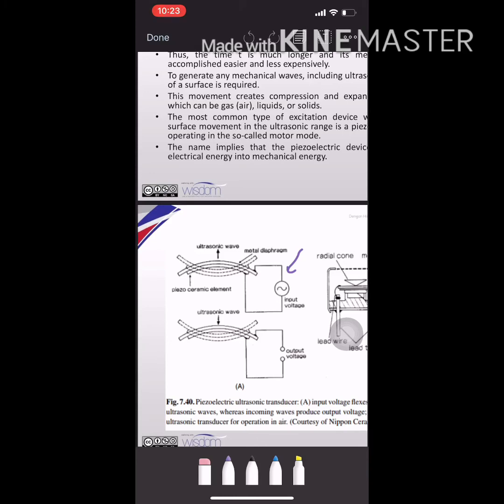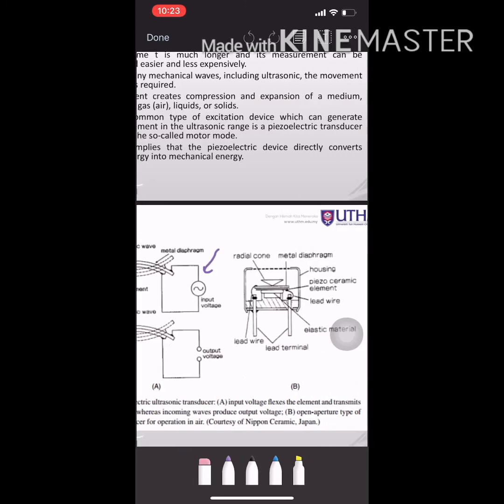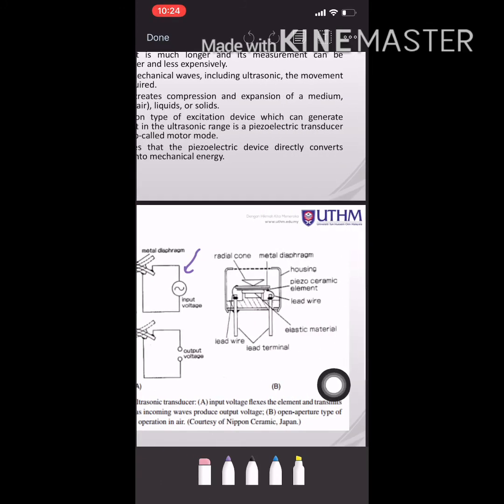The typical operating frequency of the transmitting piezoelectric element is near 32 kilohertz. For better efficiency, the frequency of the driving oscillator should be adjusted to the resonant frequency of the piezoelectric ceramic, as in figure B, where the sensitivity and the efficiency of the element are the best.